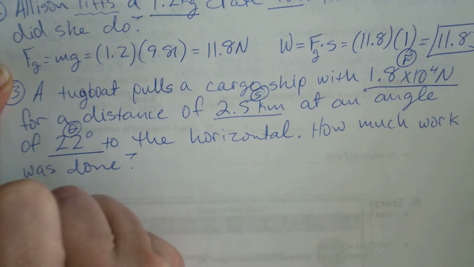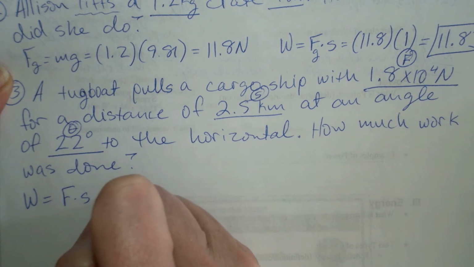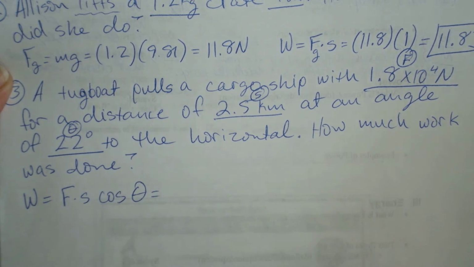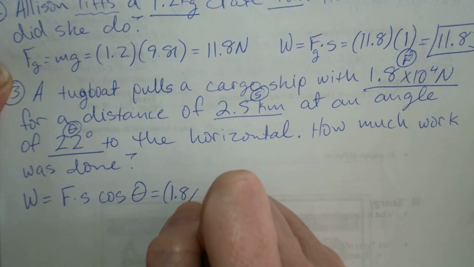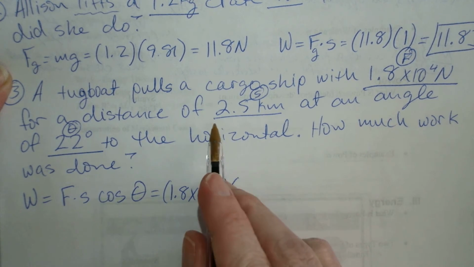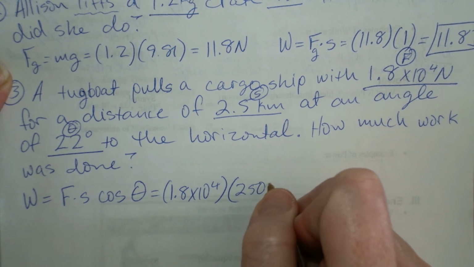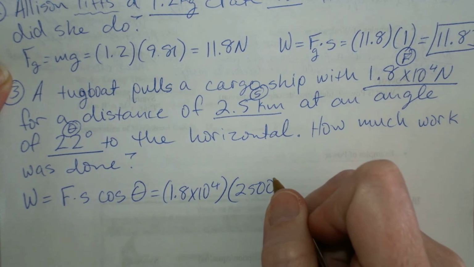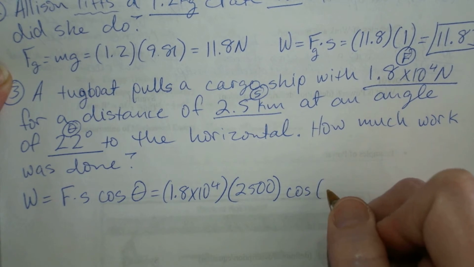So work equals F times S, and since it's at an angle, we multiply it by cosine theta. So F is already in newtons, so we can leave that just like it is. 1.8 times 10 to the 4th. That's how many newtons. Your displacement, instead of 2.5 kilometers, it's 2,500 meters. And then we multiply that by cosine theta.